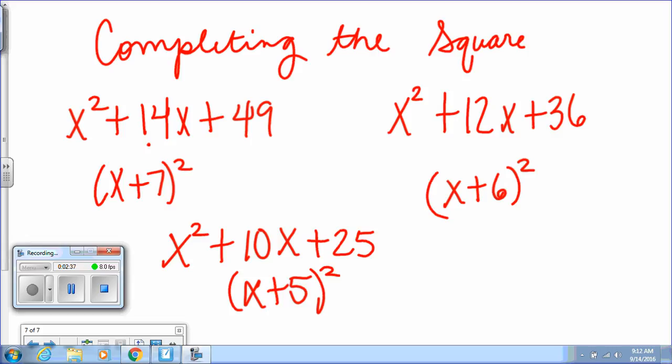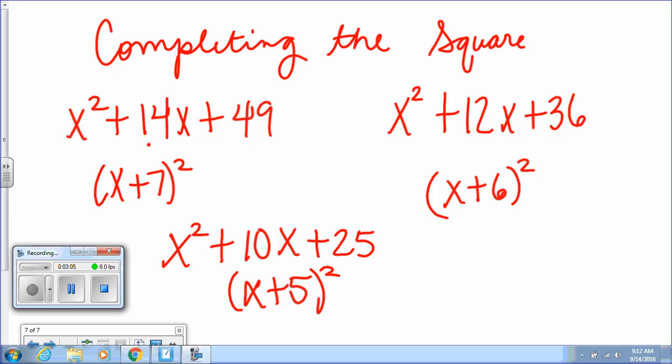Alright, so that's completing the square. Our entire goal is to take a problem and transform it into one of these. Because this is what we call standard form, and this is starting to look like the vertex form we talked about. Remember vertex form, which is (x − h)² + k?